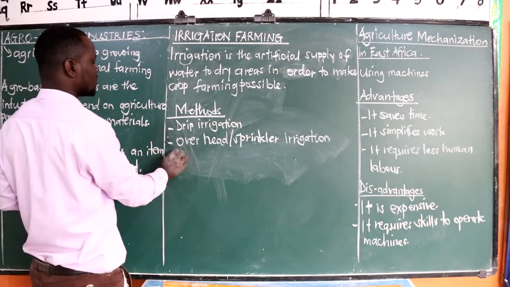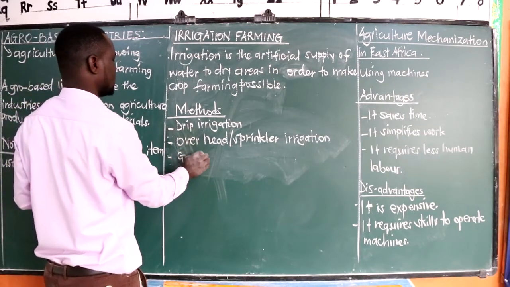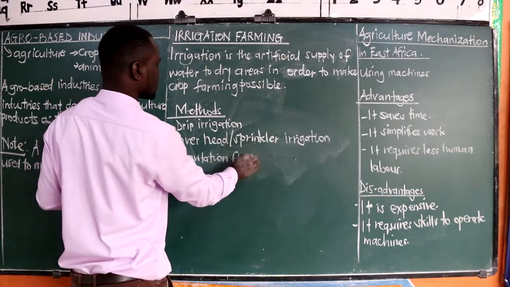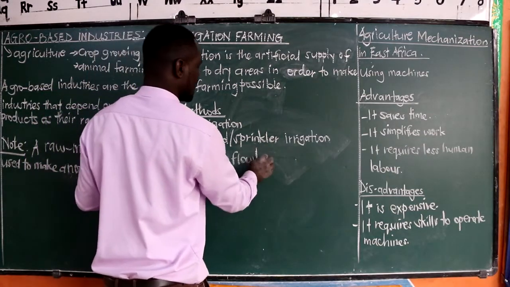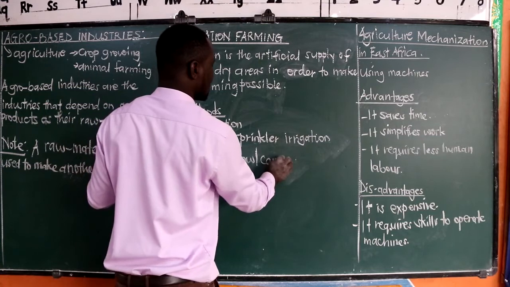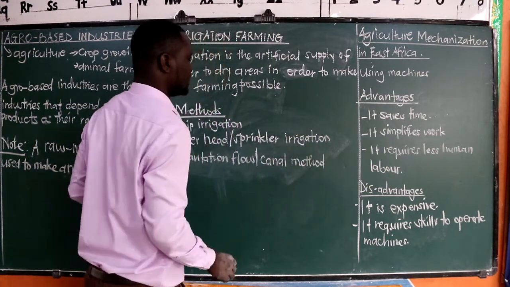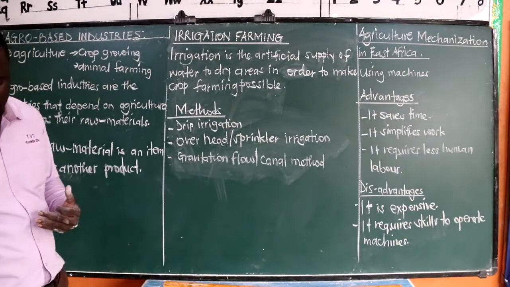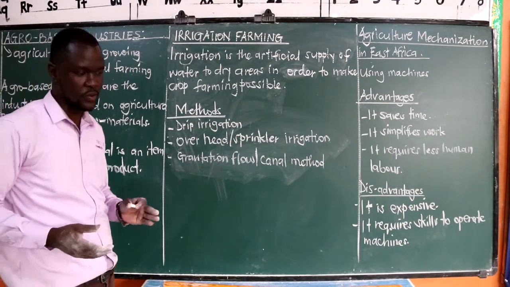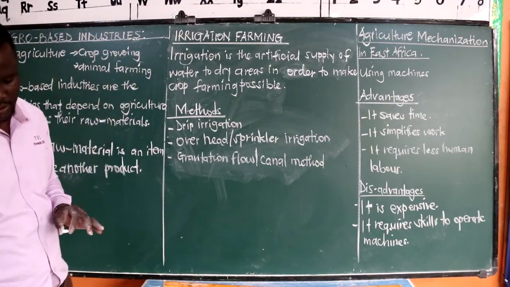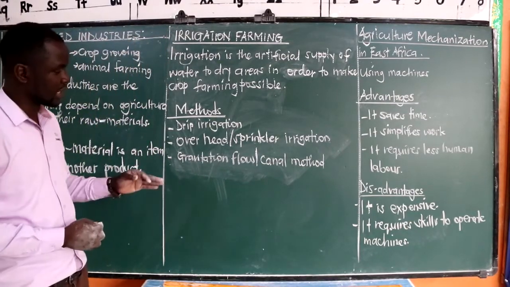And then we have what we call gravitational flow, that we can call the canal method. This is channeling water downwards, where water is connected in channels into drier areas.